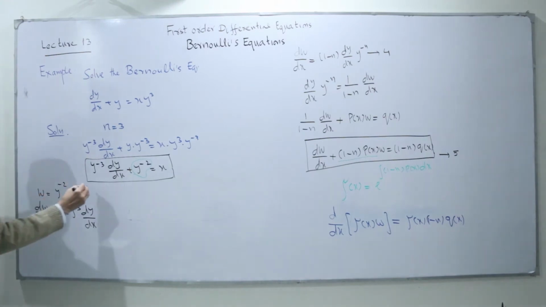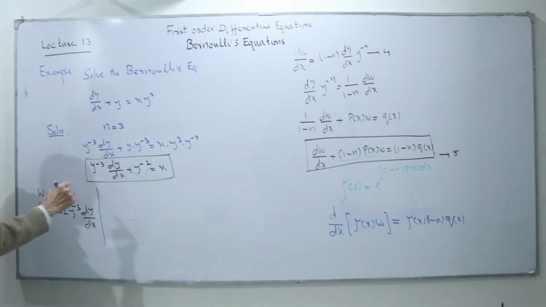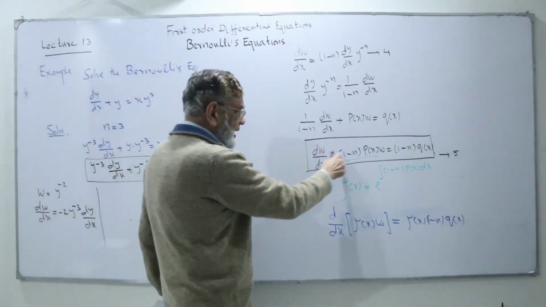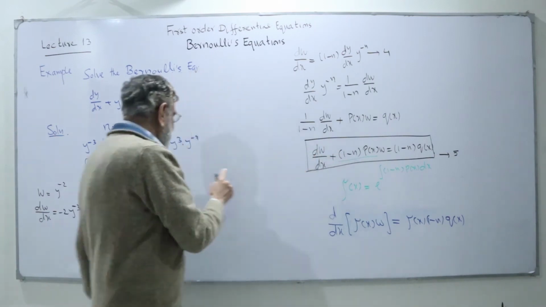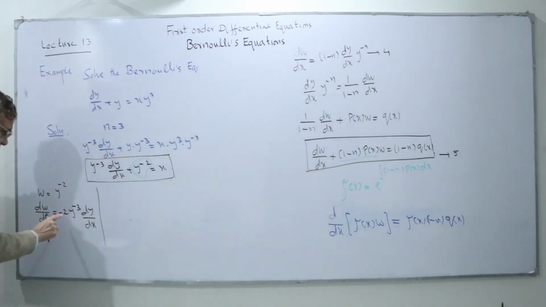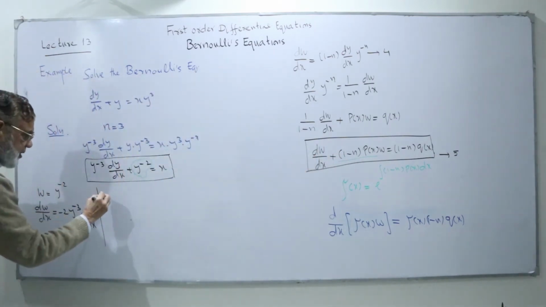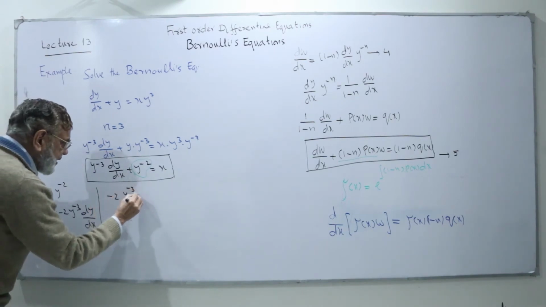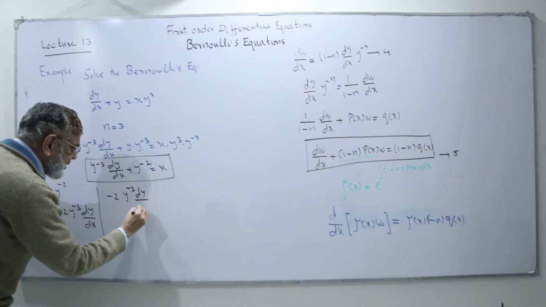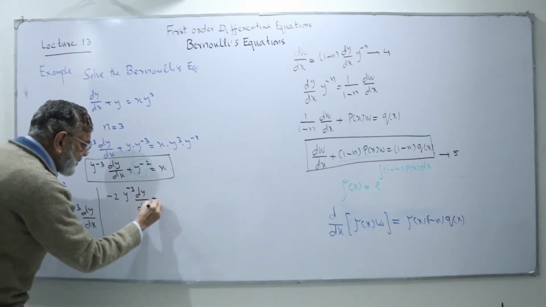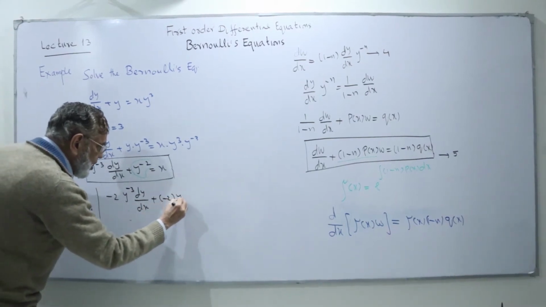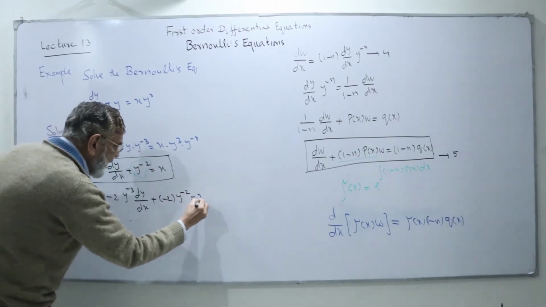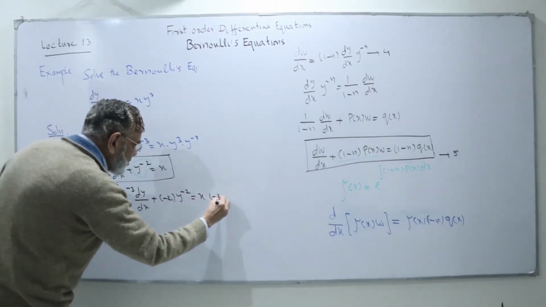Now this is my substitution, and I substitute this in my equation, but I need minus 2 here. So I multiply by 1 minus n, which is minus 2. I get minus 2 y to power minus 3 dy by dx plus minus 2 y to power minus 2 is equal to minus 2x.